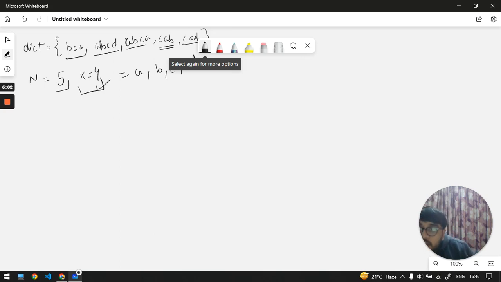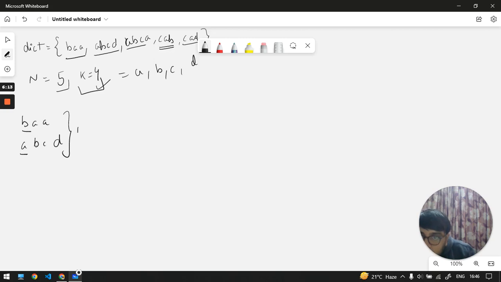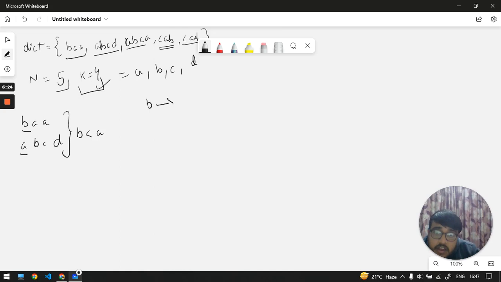First take BAA and ABCD. When I take this, B is coming before A. Now I will make a graph here basically. So B is coming before A means there is a directed edge from B to A.